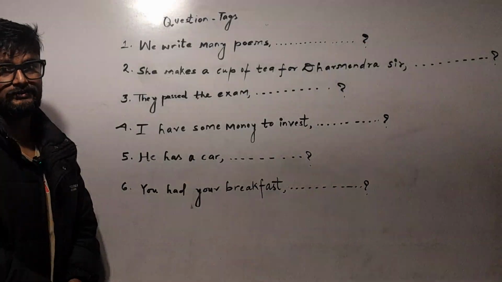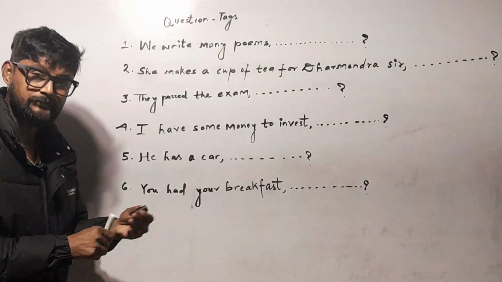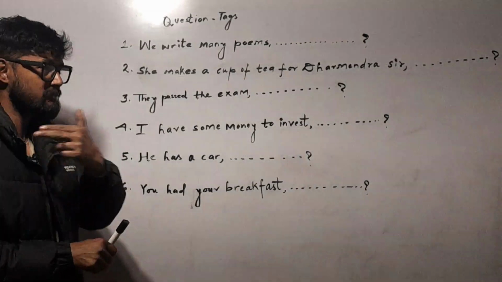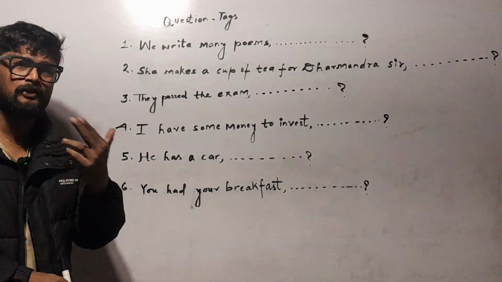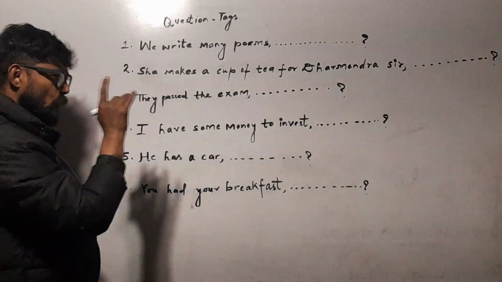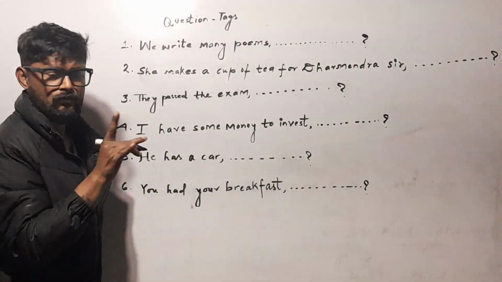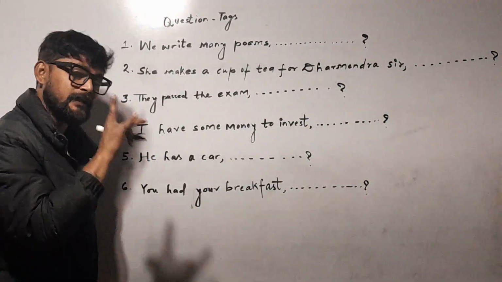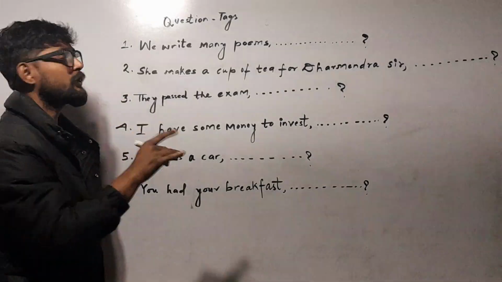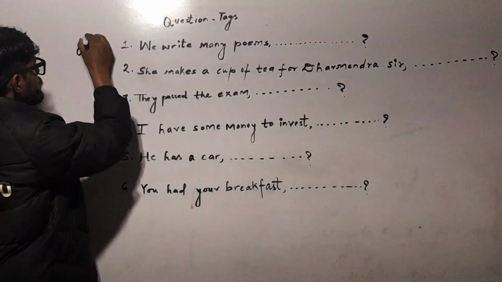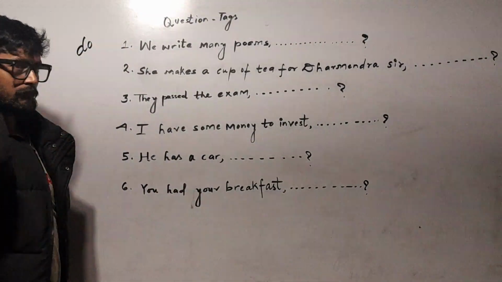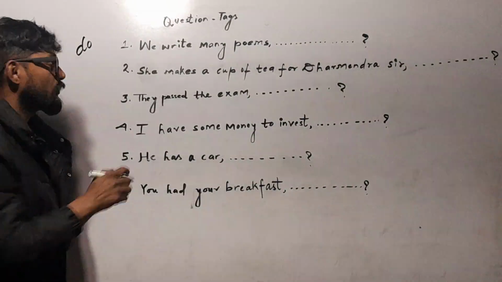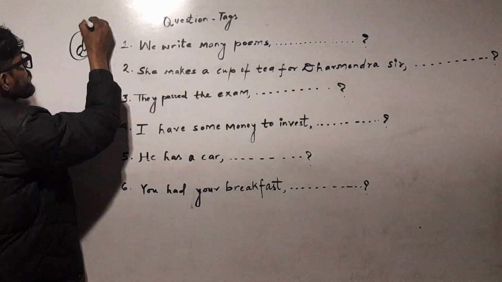What is this? Let me tell you. This is a kind of logic, simple logic. When we get verb 1 in sentences, we must use do. Remember this, because do is verb 1.